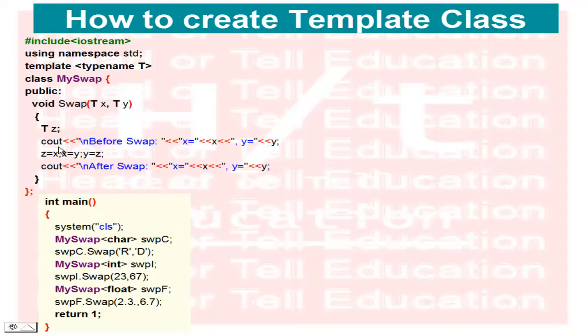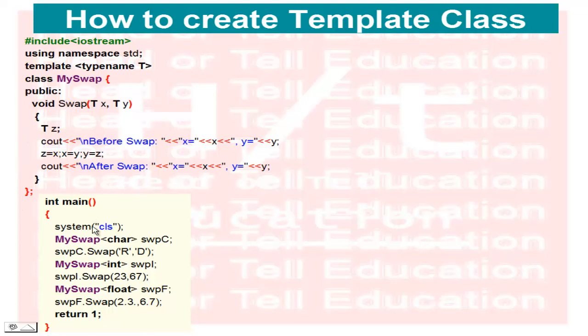Also here I am printing the value of the objects before the swapping and after the swapping. The swapping concept is very simple, you know it already. So this is a very small class.